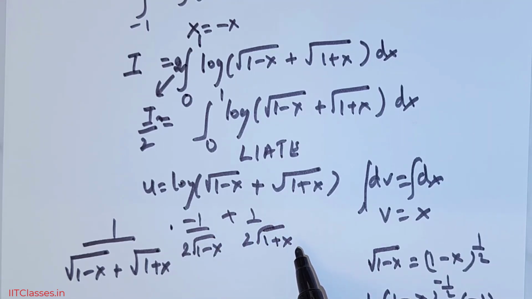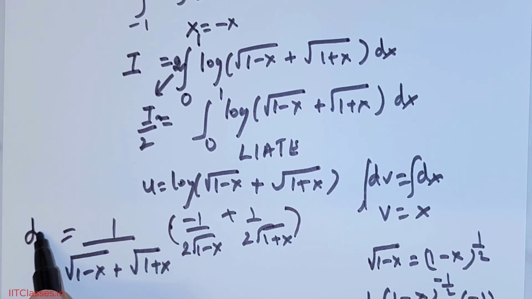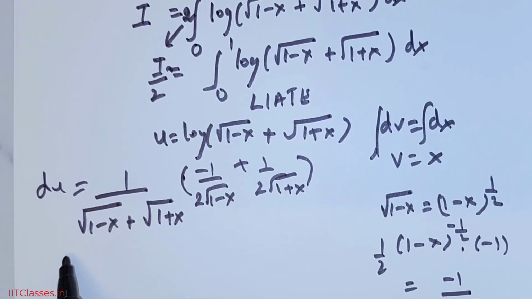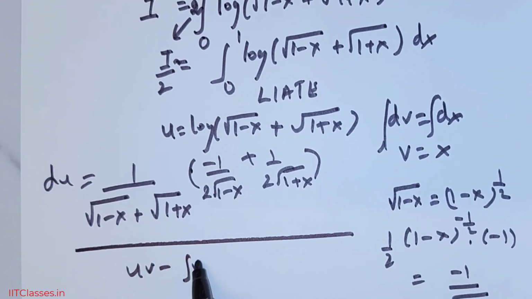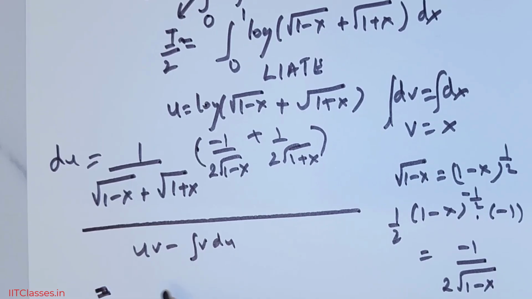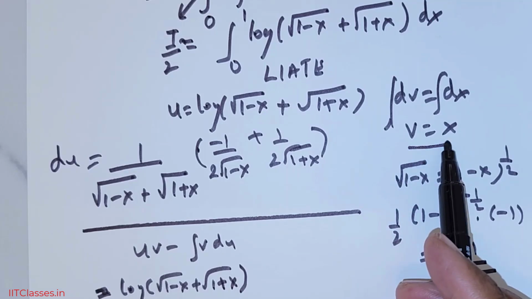Okay, so this is going to be our du. Now we need to apply it in the formula uv minus the integral of v du. So my u is log of (root of 1 - x plus root of 1 + x), and my v is x.